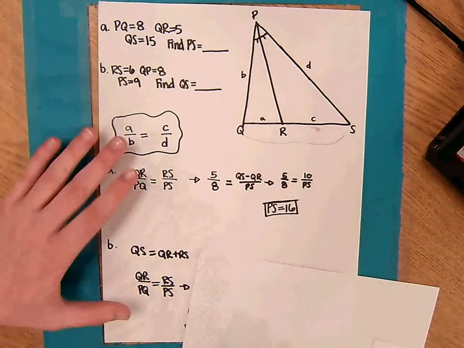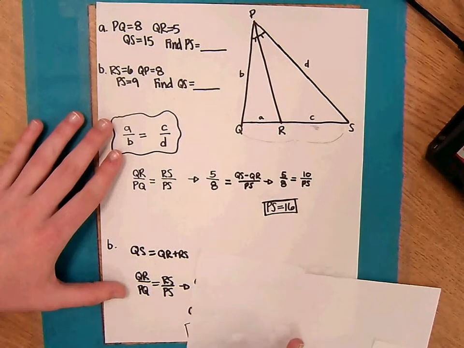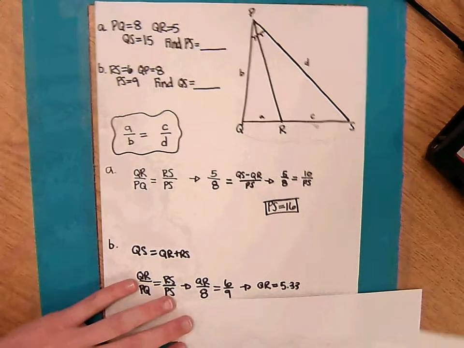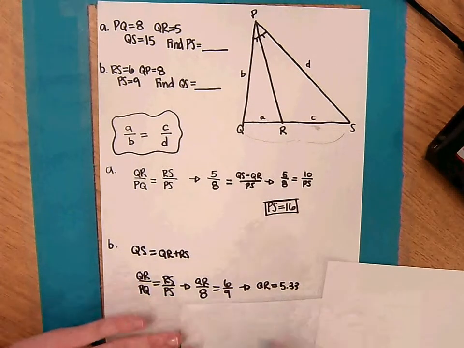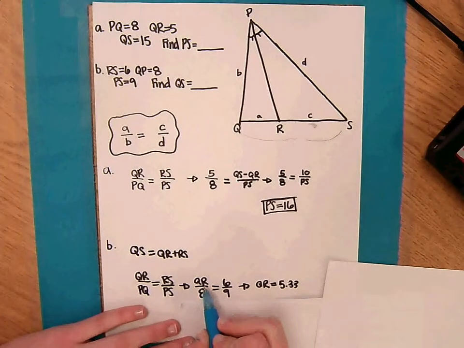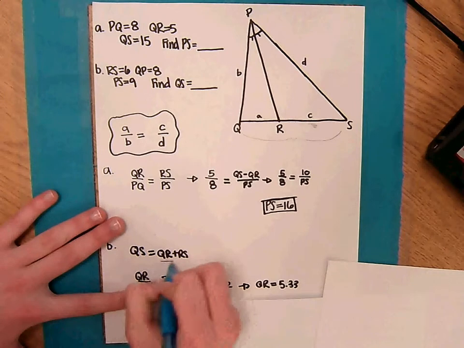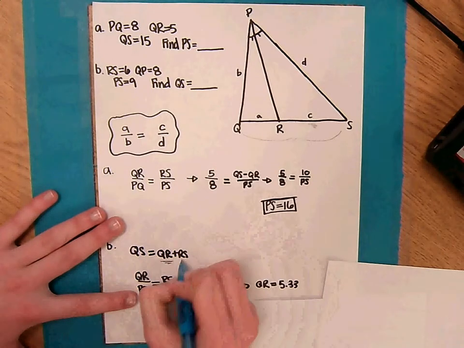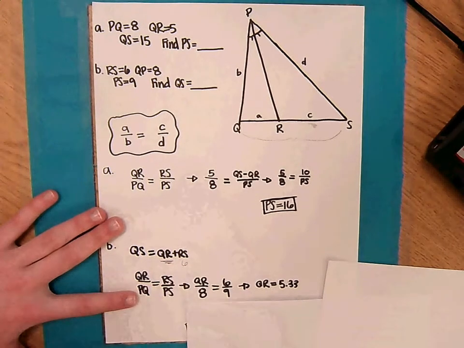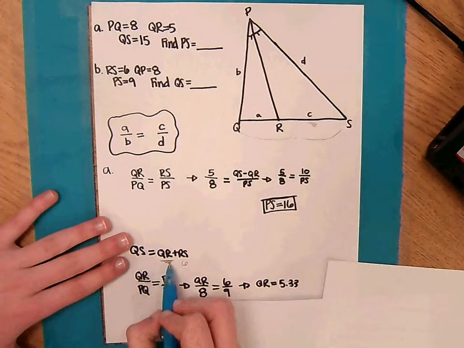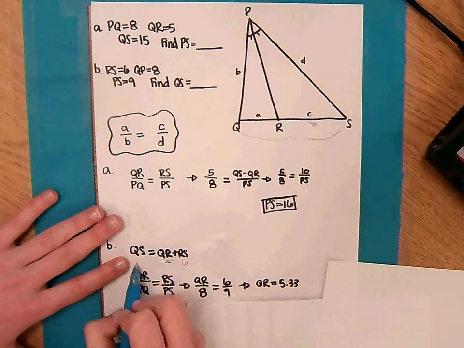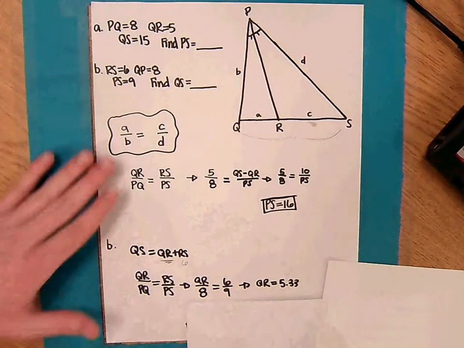Then you plug in the numbers. You're trying to find QR to get to QS, because you know that RS equals 6. If you find out what QR is and you add 6 to it, you get side QS.